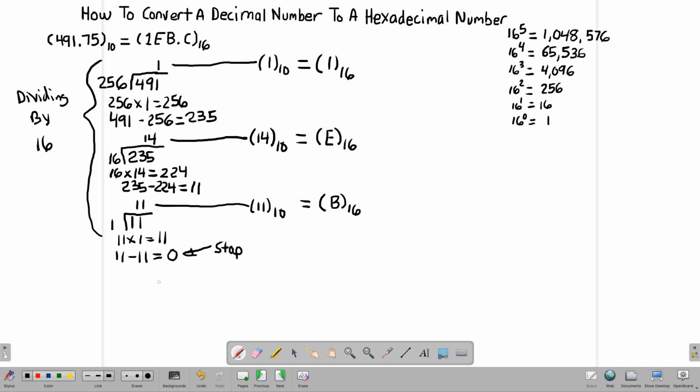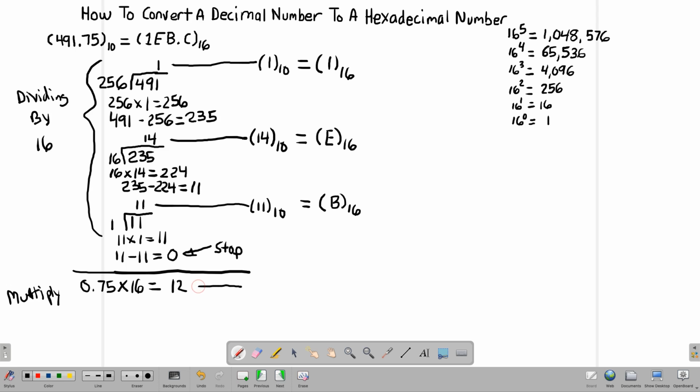Okay, so when we get to the fractional part and we have that value 0.75, we're going to use the inverse of division, which is multiplication. So we multiply by 16, and so this produces a value of 12.